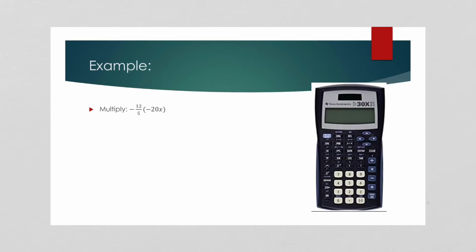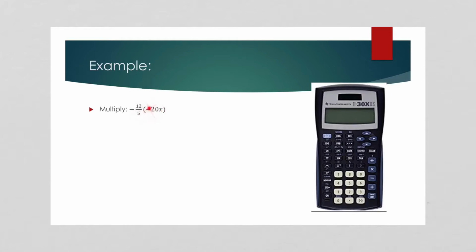So this problem right here, notice how there are variables in this problem. When you're typing this into the calculator, you hit your multiplication for the parentheses, or you can use parentheses if you want. Open parenthesis is right here above the 8. Close parenthesis is over here right above the 9. But you're not allowed to type in that x.